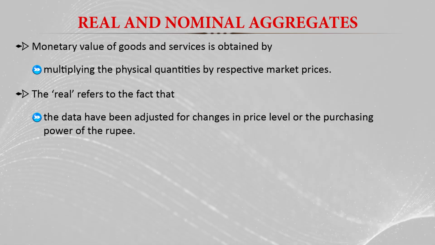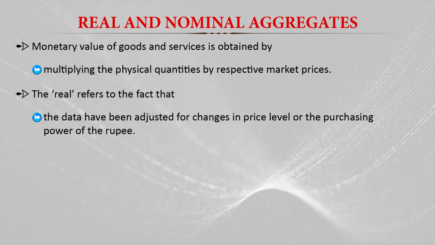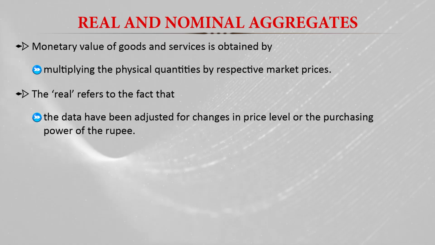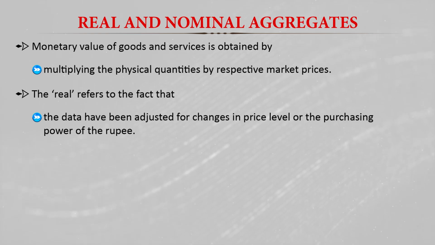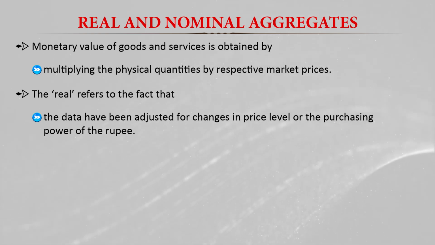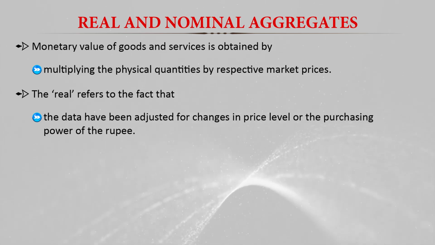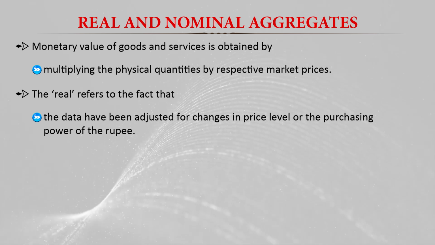or the purchasing power of the rupee. So when we use these real terms, if we talk about the real aggregates, this means we have taken care of the change in the price level, the change in the inflation level. So that reflects the real picture of the growth in the national GDP or national output.